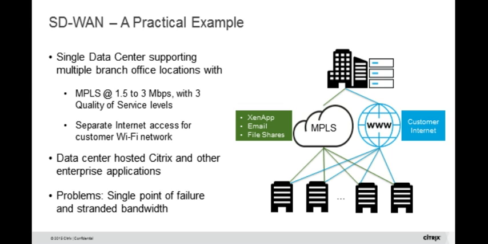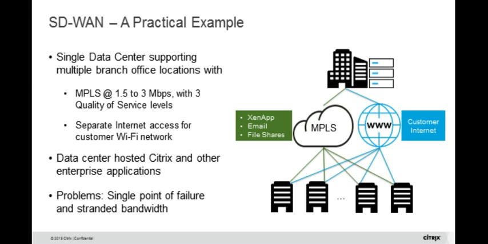They also built a separate internet access link that was dedicated for their customer Wi-Fi network. And those links were separate, and the enterprise applications were dedicated to the MPLS network, and the customer internet viewing was dedicated to the internet access connection.